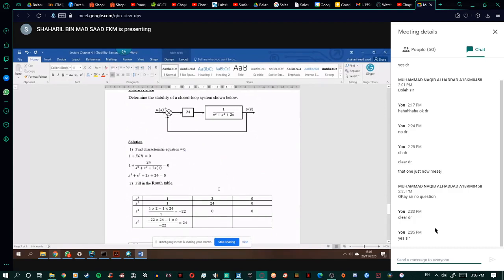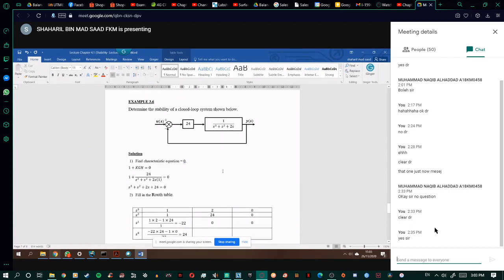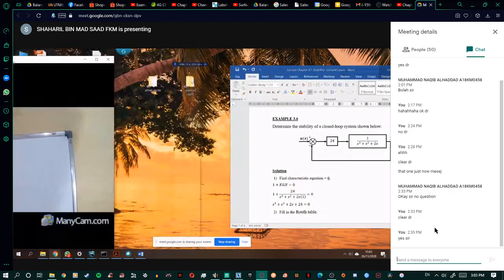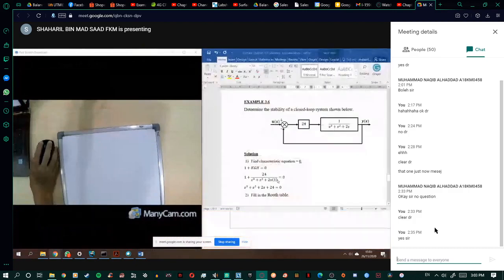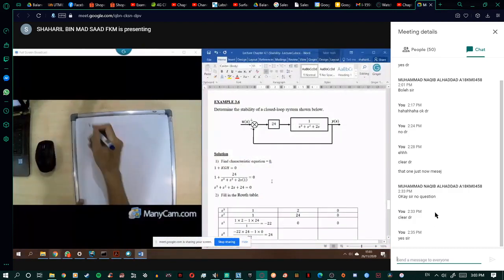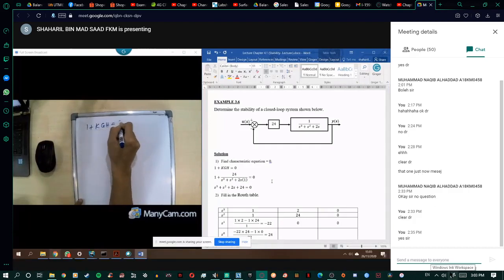Example 3.6 shows you how to determine whether your system is stable or not. This is the equation from 1 plus kgh equal to 0.